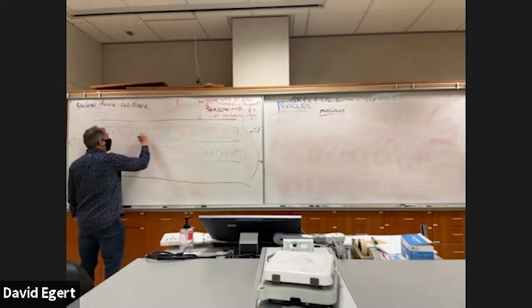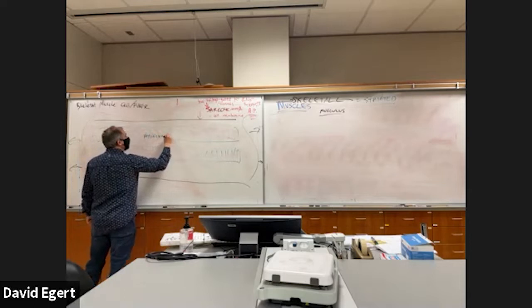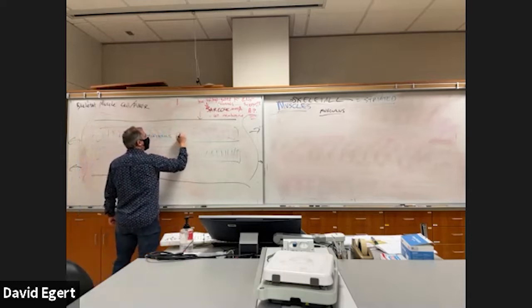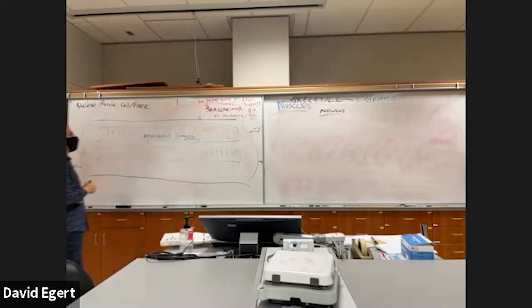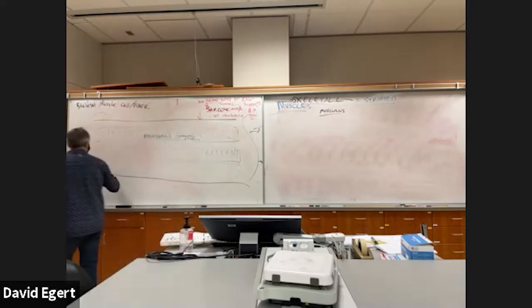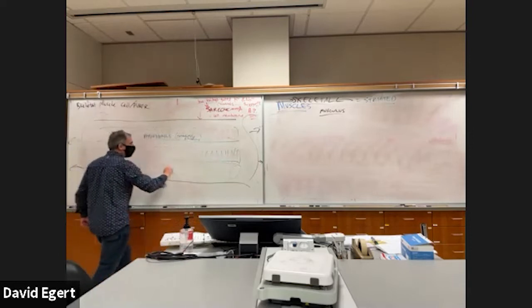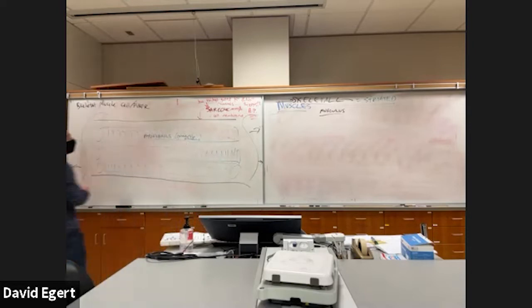So these are called myofibrils. These are made up of the contractile proteins, and we're going to talk about these in more detail: actin, myosin, as well as troponin and titin, and different proteins in there.